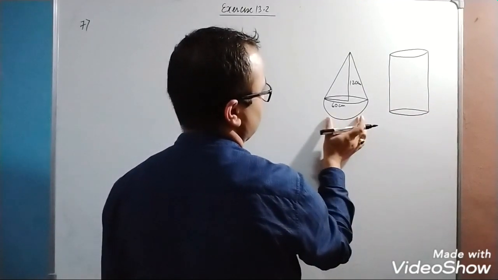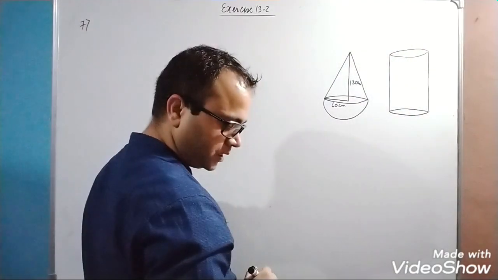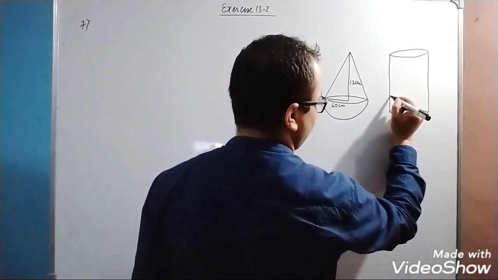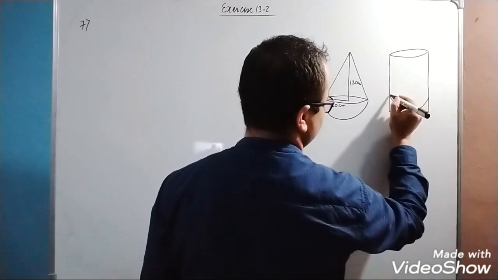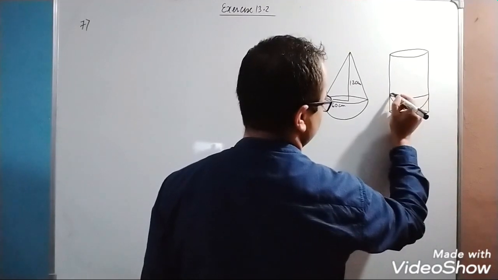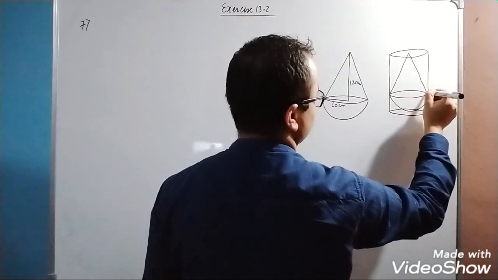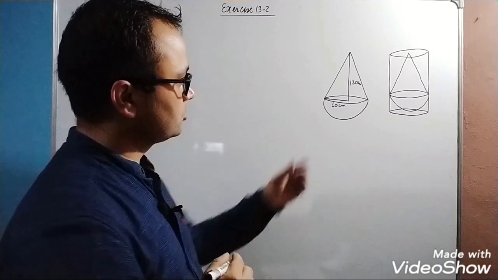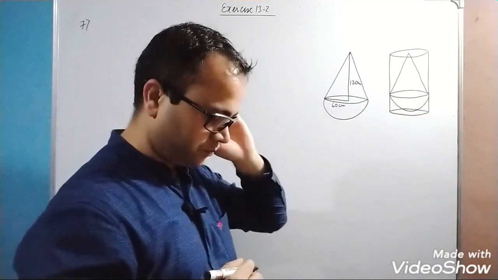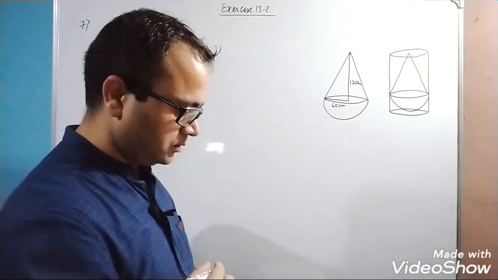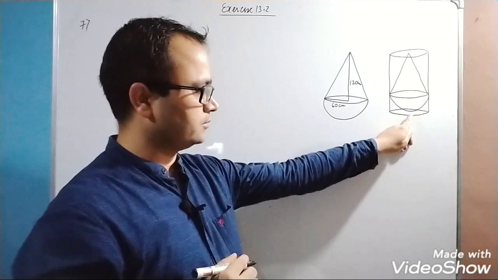This solid is placed upright in this right circular cylinder which is full of water, such that it touches the bottom. Find the volume of water left in the cylinder.